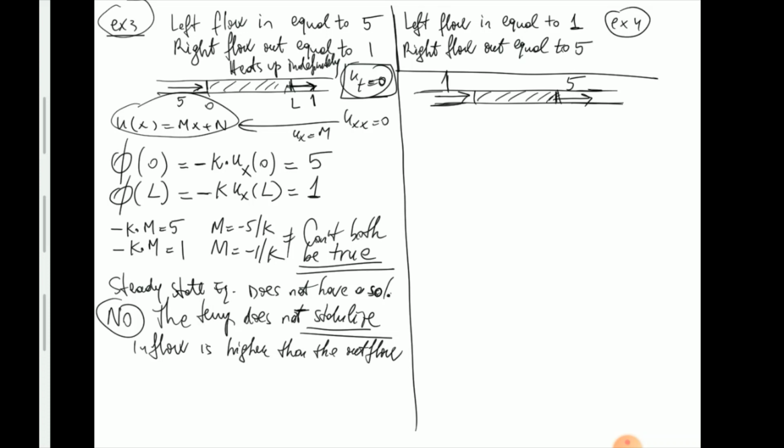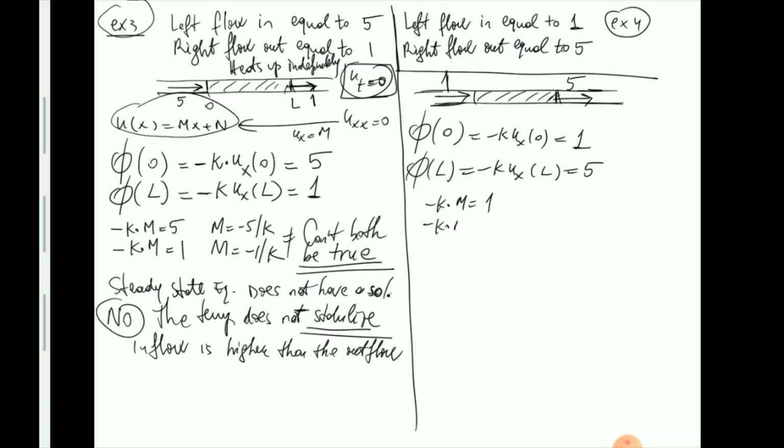So the situation is very similar. Phi of 0, the inflow on the left side, is going to be 1. The outflow on the right hand side is equal to 5. Same problem. And you may wonder, why did I bother to write it if it's the same situation?